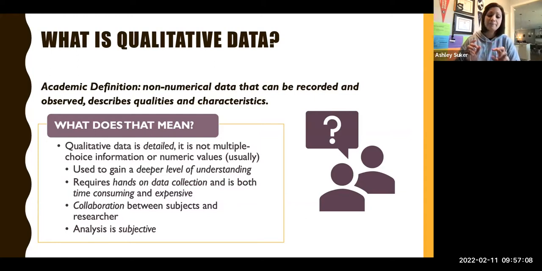Sometimes you may have a survey or something like that where you're asked to provide some qualitative answers, but typically not all of it. It requires that the researcher be involved in the data collection as it is happening, or it requires that the researcher hire someone to do that for them.